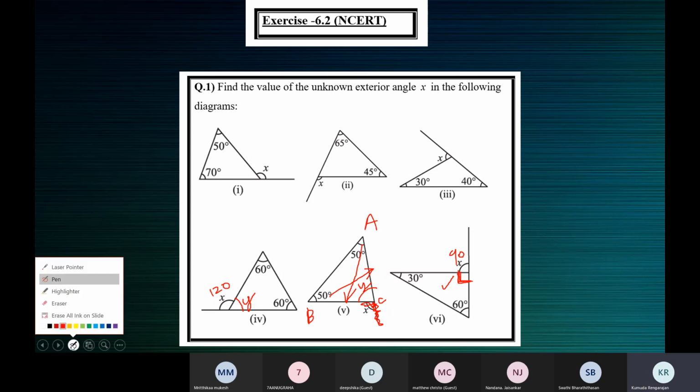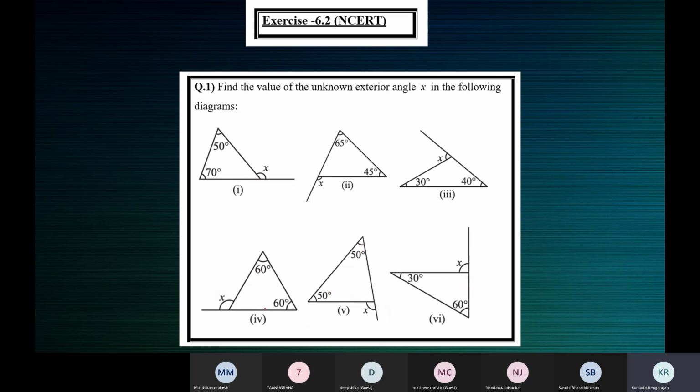Now, the property is: in a triangle, when two angles are equal, the sides opposite to them are also equal.